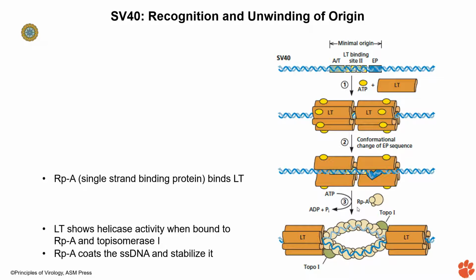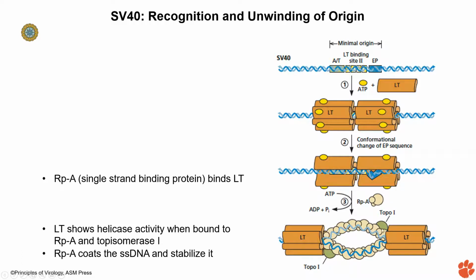When it is unwinding the DNA, a tension will be formed when you're moving the fork. That tension is released by cutting, looping the DNA, and sealing. This is done by topoisomerase 1 right here.